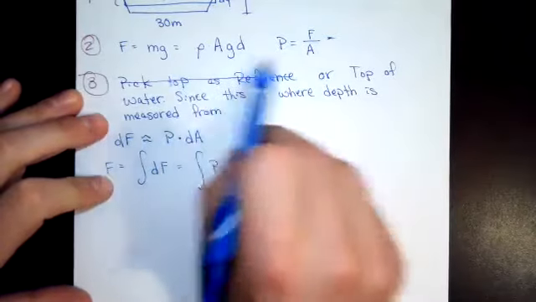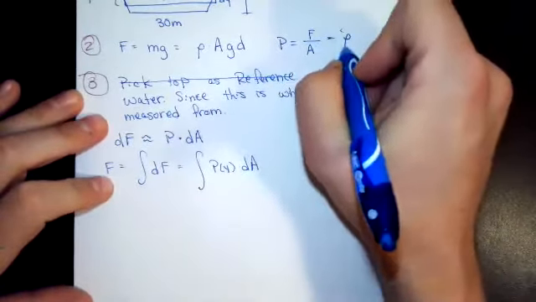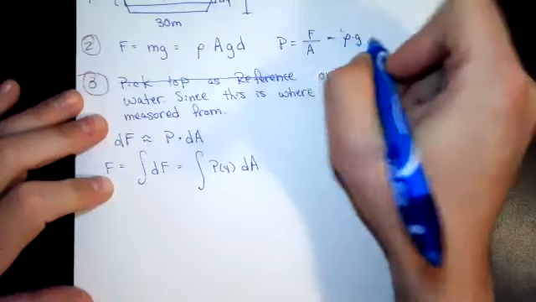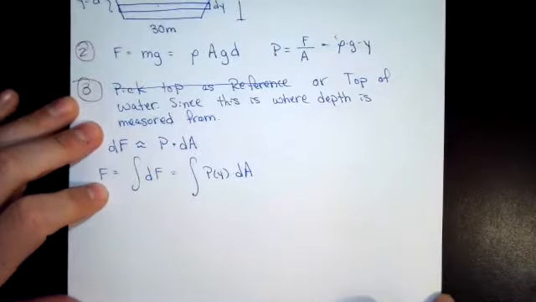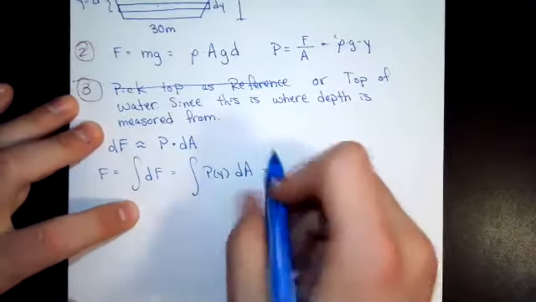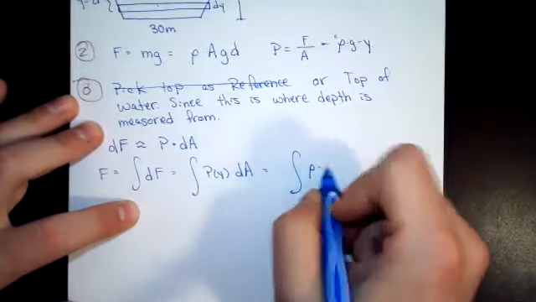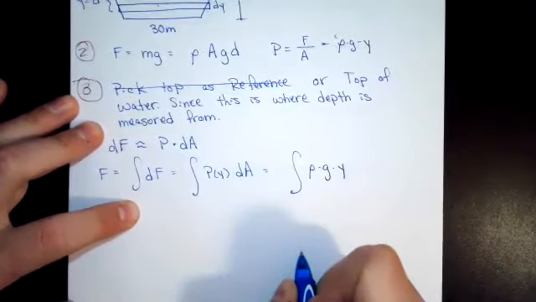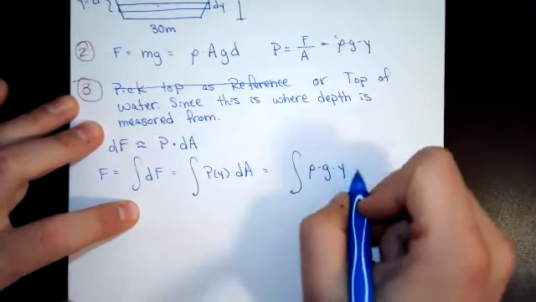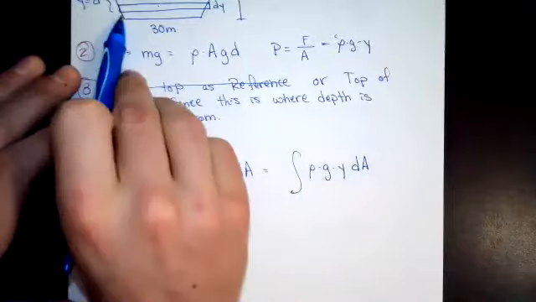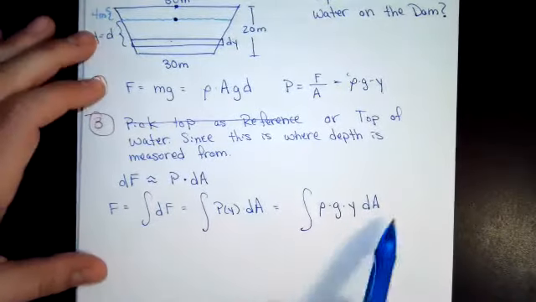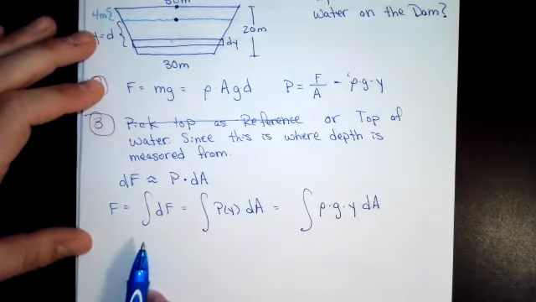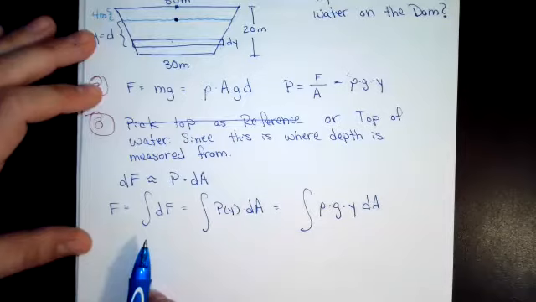So if I take the total force and divide by area, we get density times gravity times the depth, which I will now label as y. And then we need our dA, the infinitesimal piece of area from each individual slice.